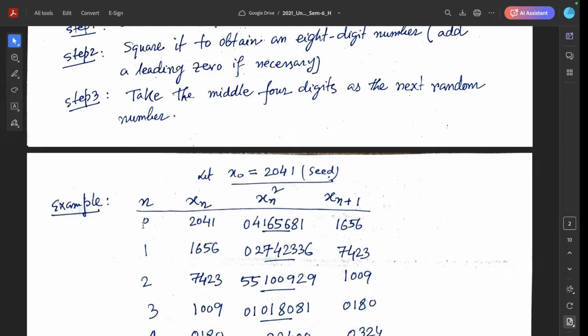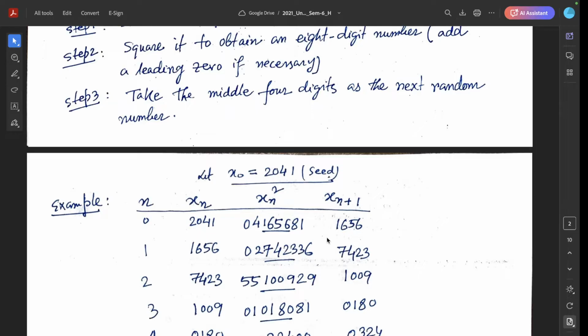In the initial step, square 2041, which gives 4165681, a 7-digit number. Add one leading 0 so that the total number of digits in the square is 8, delete 2 digits from the beginning and 2 digits from the end, and take the middle 4 digits, 1656, as the next random number.